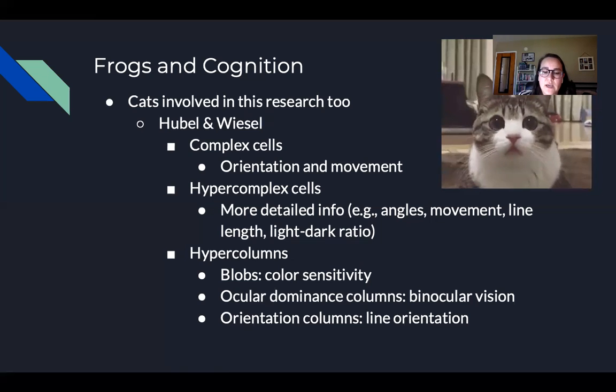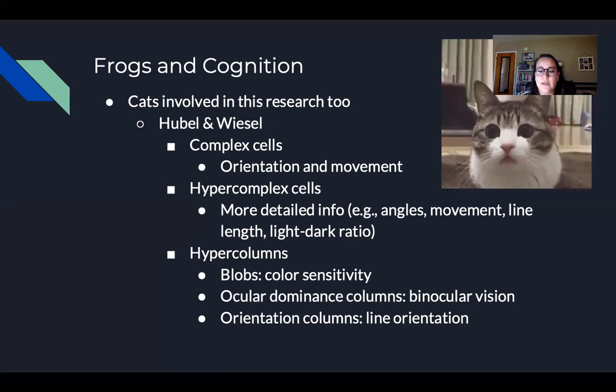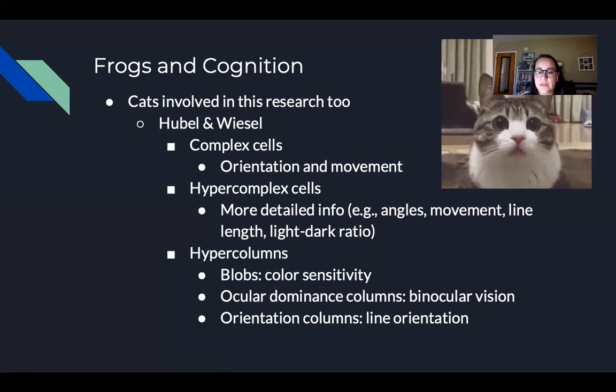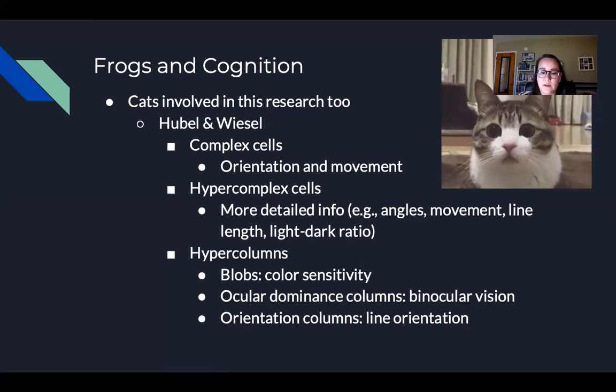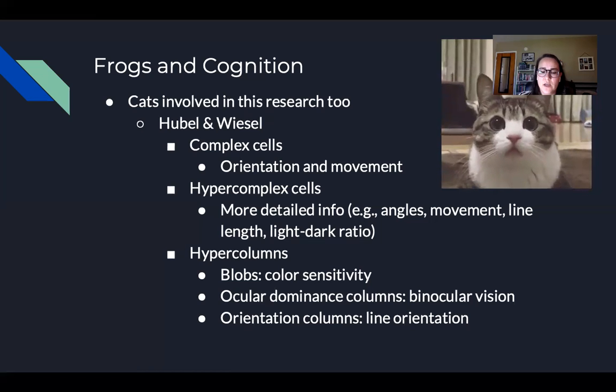And so these hypercomplex cells are formed when the axons from several complex cells that have different line orientations that they respond to, and that have visual fields that are close to one another, converge, or attach their axons, to a single neuron.